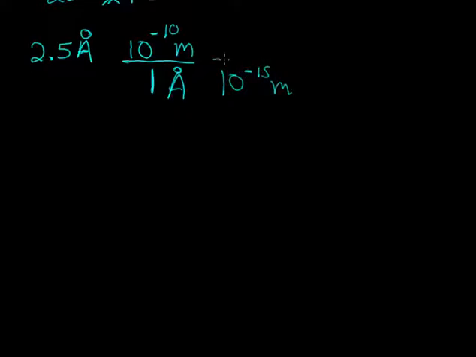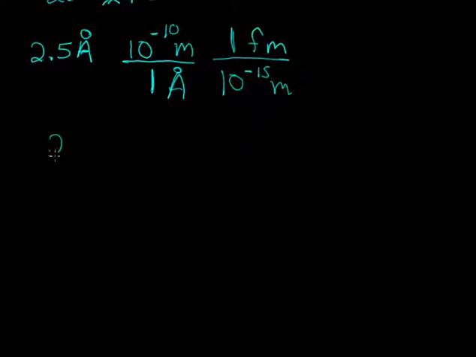So 2.5 angstroms is 10 to the negative 10th meters in 1 angstrom. And now I've got to look up what a femtometer is. So I come to my list here, and 1 femto is 10 to the negative 15th. So 10 to the negative 15th meters in 1 femtometer.